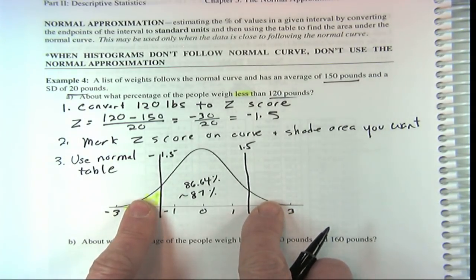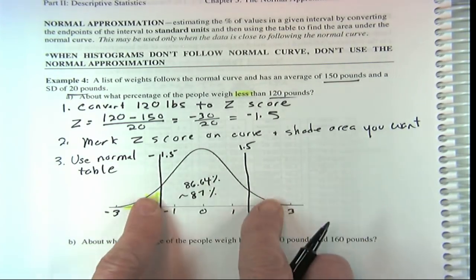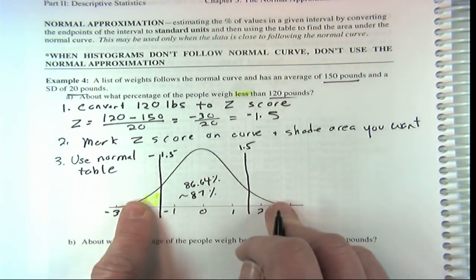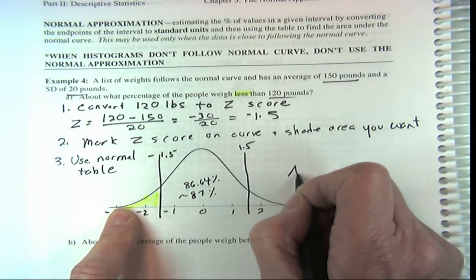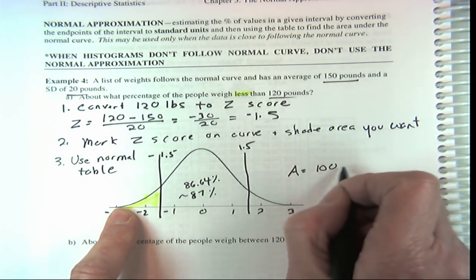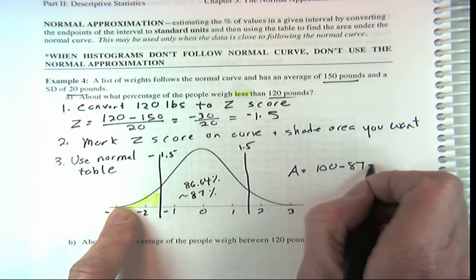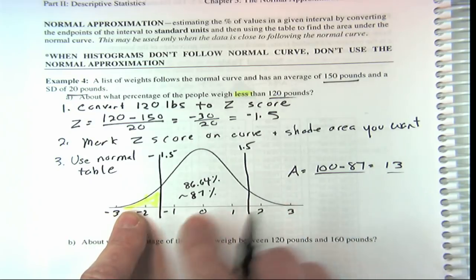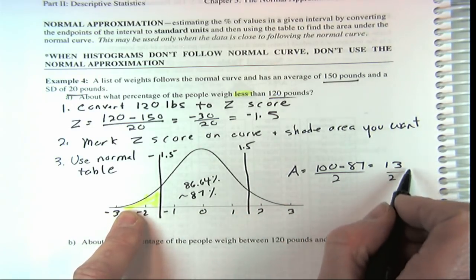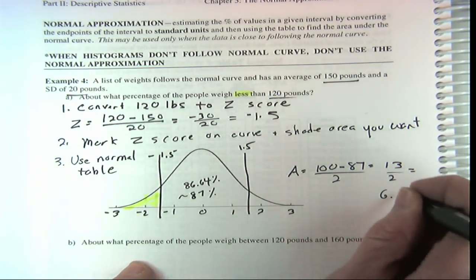The whole thing's 100, so these two together have to be 13 to add up. So the area is 100 minus 87, that's 13. That'll give us both tails, but we just want one of them. So that'll be 6.5% approximately.